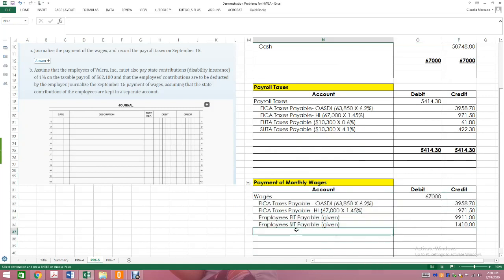Now, there's one thing that does change. The employee is having to pay disability insurance. That's one more deduction that needs to happen. So, I'm going to have here an account called Employees Disability Contributions Payable. And how are we going to calculate that? Well, it says that the payroll that is taxable for this purpose is $62,100, and we are responsible to pay 1%.